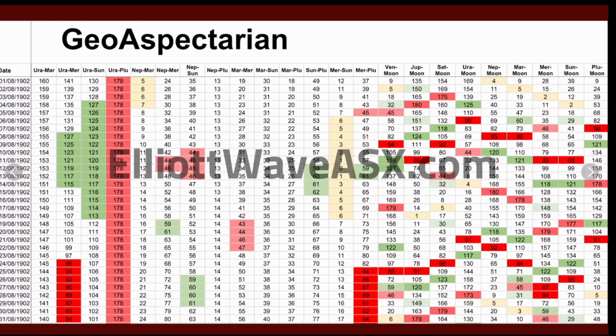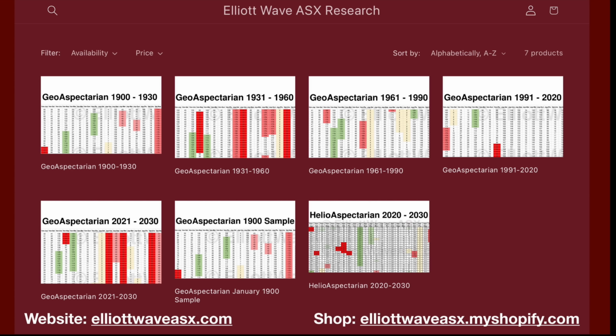It can often be a large price movement, and then you can look up the date in the Aspectarian files to see if there were any important aspects influencing that movement.